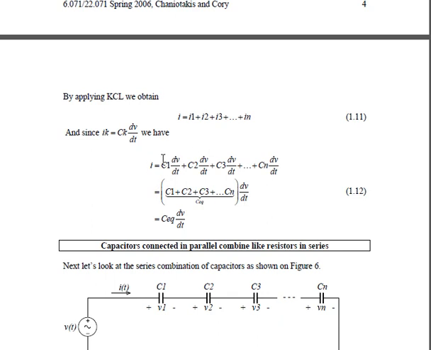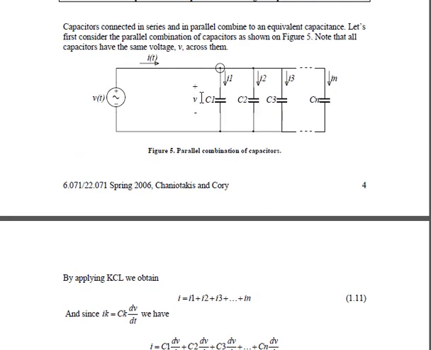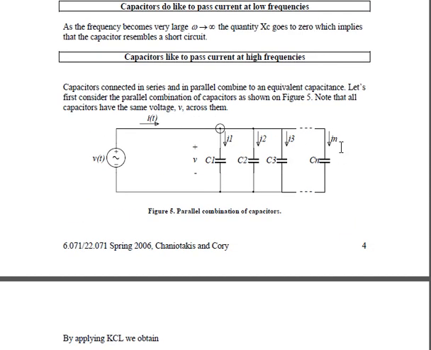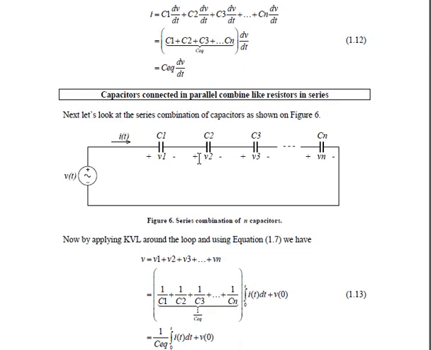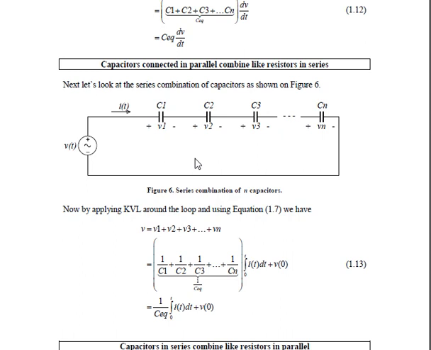Then factor out the dv over dt, since they have the same voltage because they are in parallel connection. Therefore, for parallel capacitors, to find the equivalent capacitance, you just have to add them. So C equivalent is equal to the sum of the parallel capacitors.